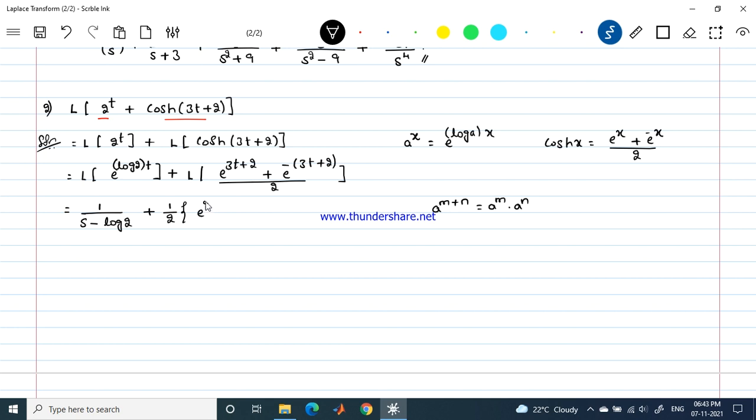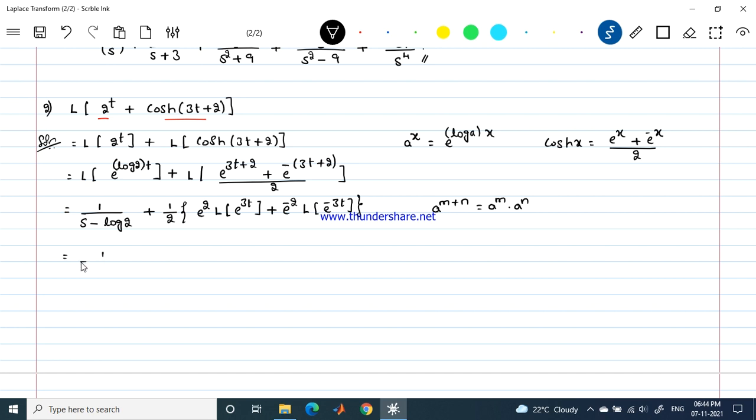e power 2 into Laplace of e power 3t, plus here e power minus 3t into e power minus 2, that gives e power minus 2 into Laplace of e power minus 3t.